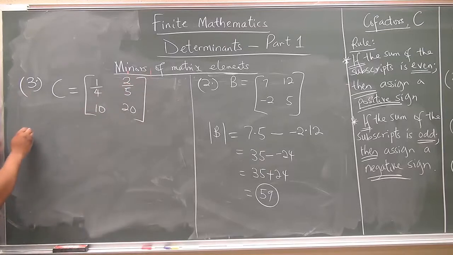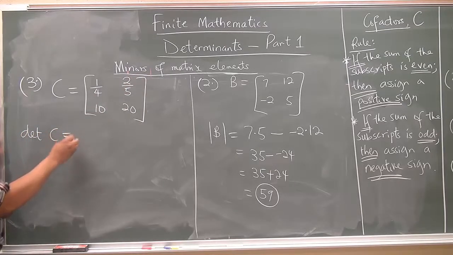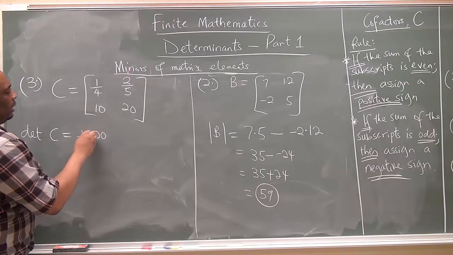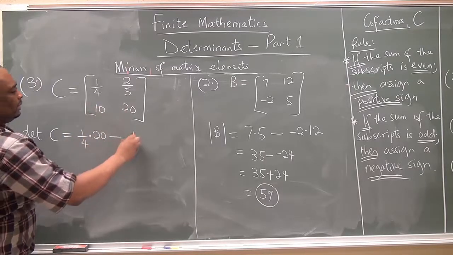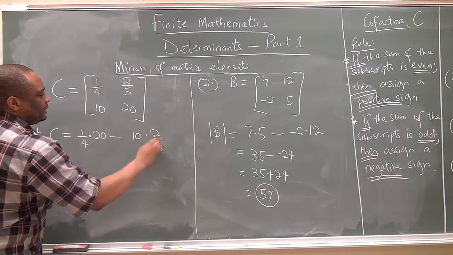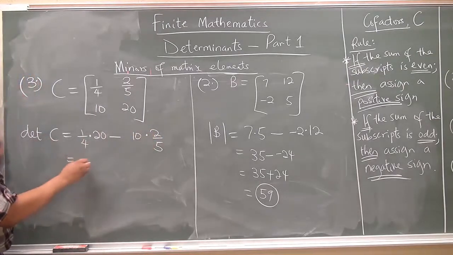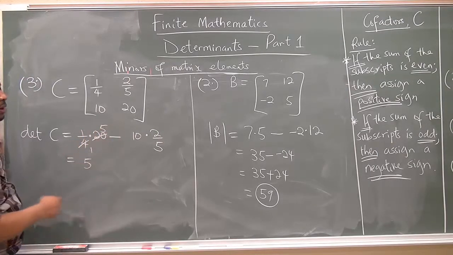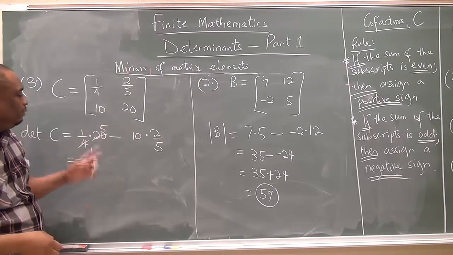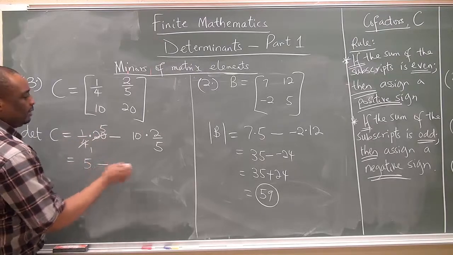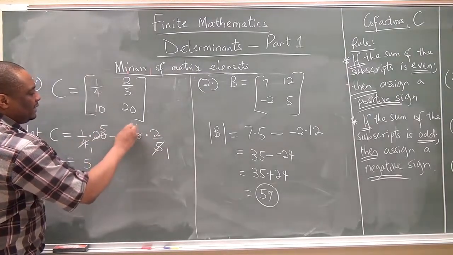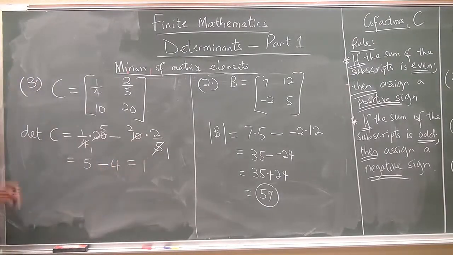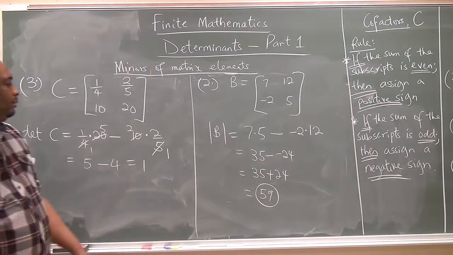So the determinant of C will be 1/4 times 20, minus 10 times 2/5. So this will be what? 5, because 4 divided by 4 is 1, 4 divided into 20 is 5. Multiplication of fractions, watch my video. Minus, 5 divided into 10 is 2, 2 times 2 is 4. And this will be 5 minus 4, which is 1.